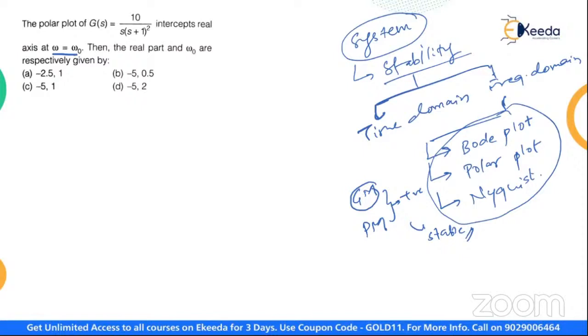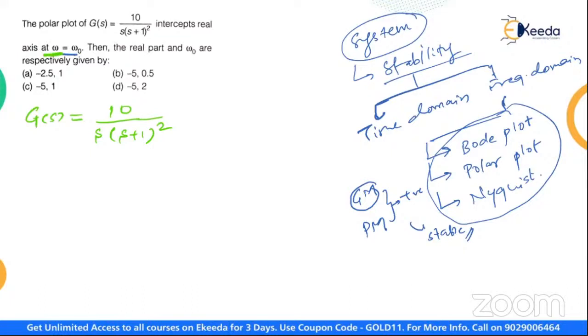See here. What is the transfer function given to you? This is the open loop transfer function, correct? G(s) equal to 10 upon s into (s plus 1) the whole square. Now they are saying that it intercepts the real axis at omega equal to omega naught.